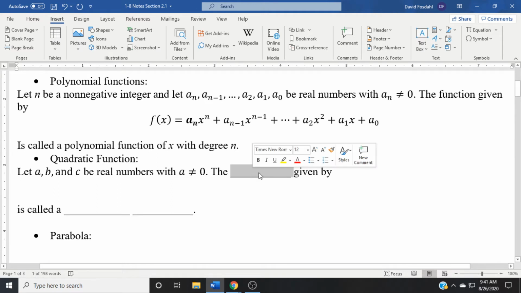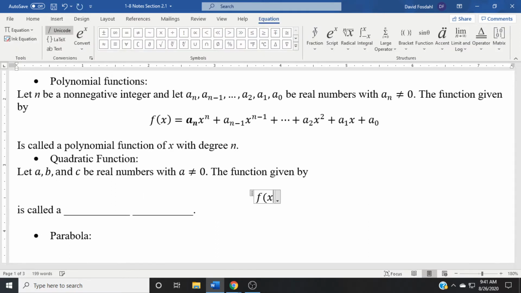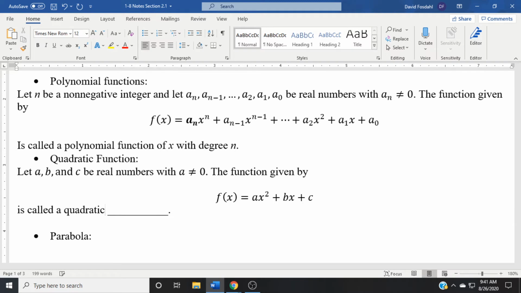The function given by the equation f of x equals ax squared plus bx plus c, you guys have seen this before, is called the quadratic function.